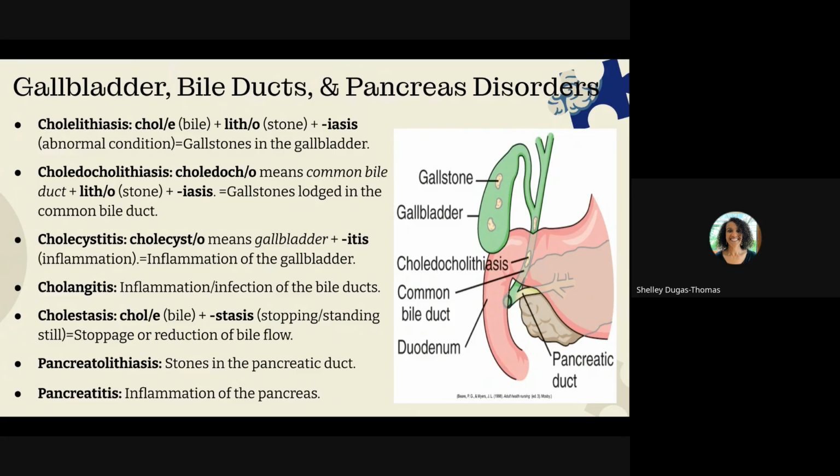Cholecystitis means cholecyst, which means gallbladder, and itis, which is inflammation. And cholestasis is chole, which is bile, plus stasis, meaning stopping or standing still. That's the stoppage of bile flow.